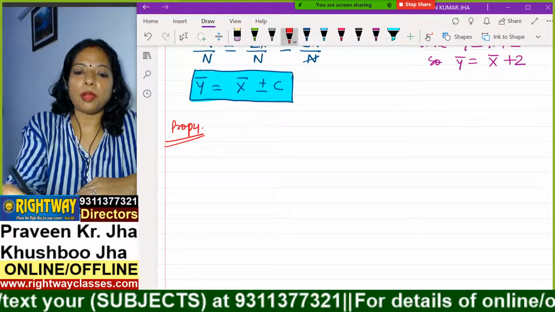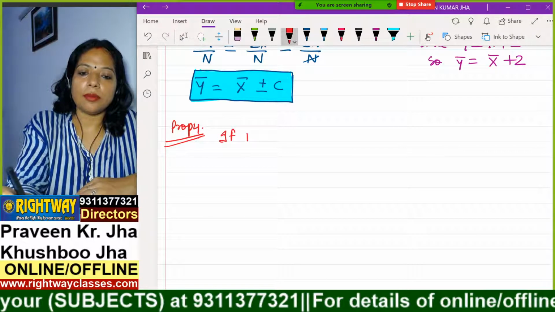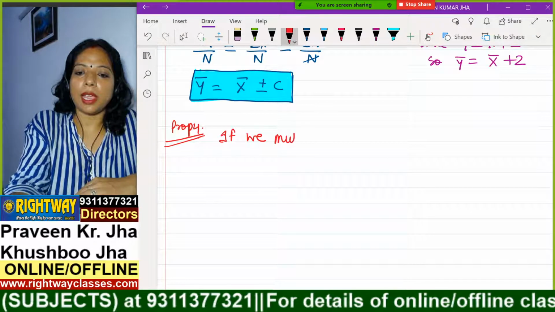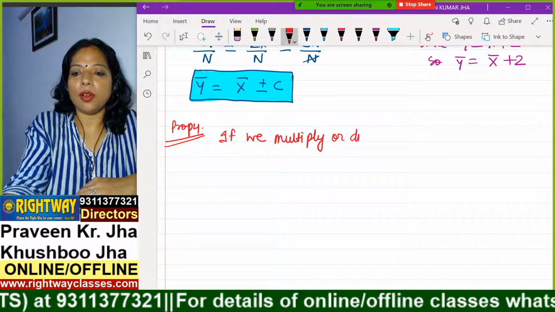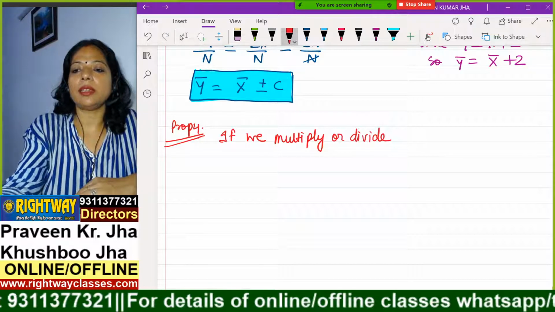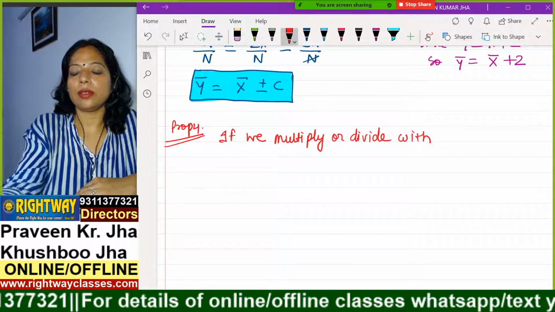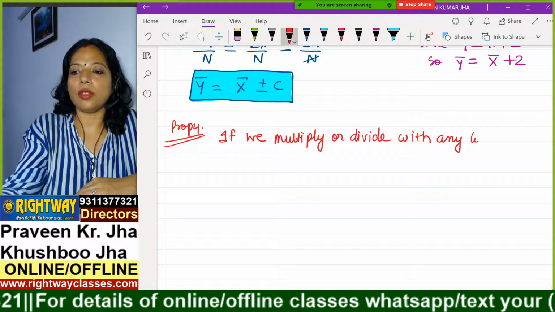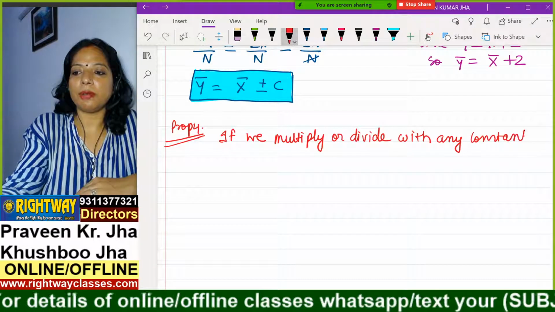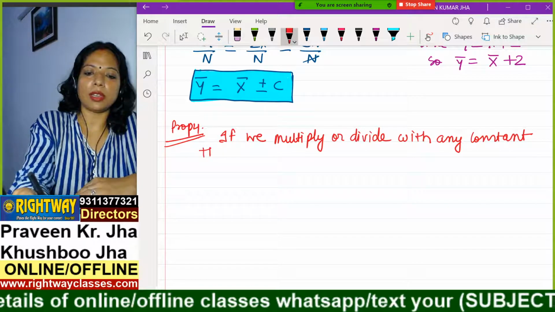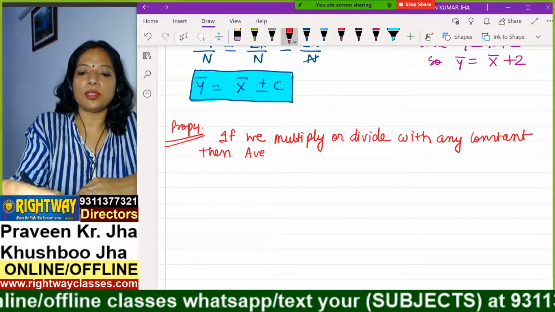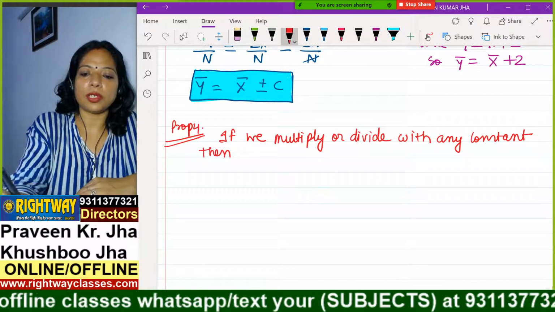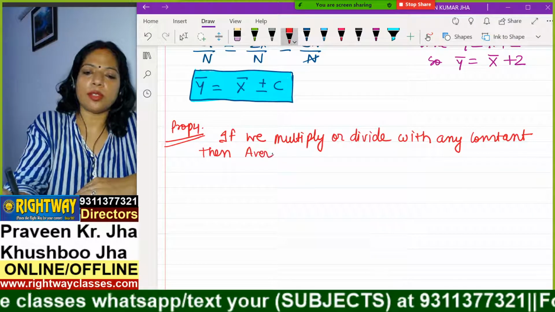Now see, in property 4, if we multiply or divide by any constant, then the new average is also obtained by the same operation, or the average is affected in the same way.